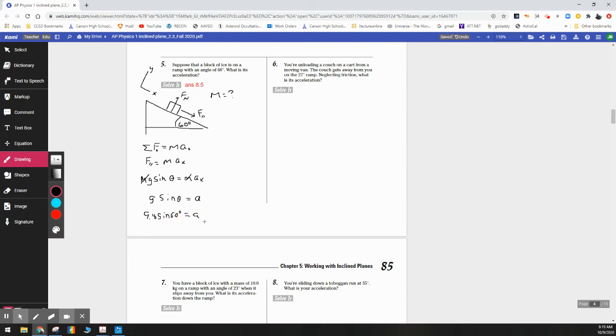And so if I take 9.8 times the sine of 60 degrees, the acceleration is going to be 8.49 meters per second squared, like so.